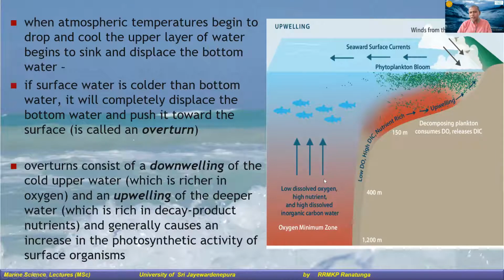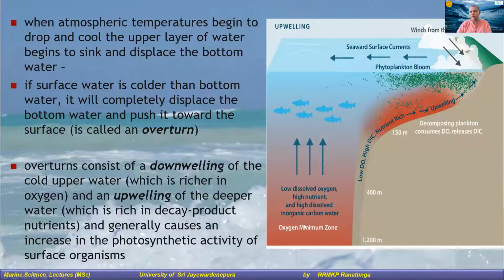low oxygenated, high carbon dioxide bearing, and high nutrient denser waters. But when, of course, they become lighter, they will come to the surface, and bring the oxygenated, nutrient poor waters back to the bottom, which will be again recharged with nutrients, completing this cycle.